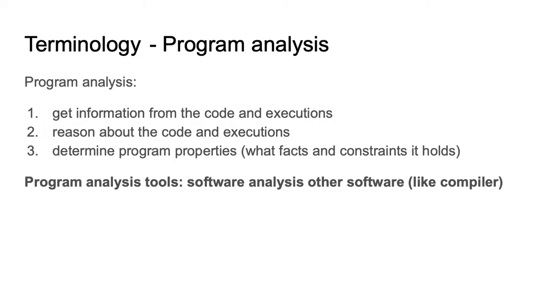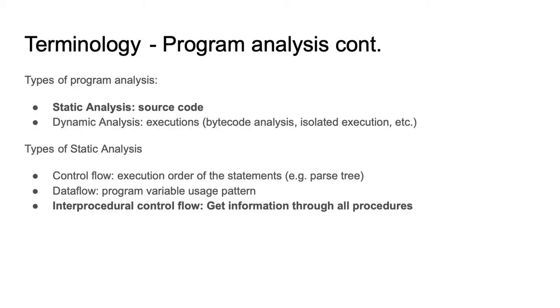For our purpose, it is very important to take the third property of program analysis, which is to determine program properties, because we will use the program properties to find those semantic code clones. We can analyze the program statically or dynamically: statically by analyzing source code, dynamically by analyzing executions.